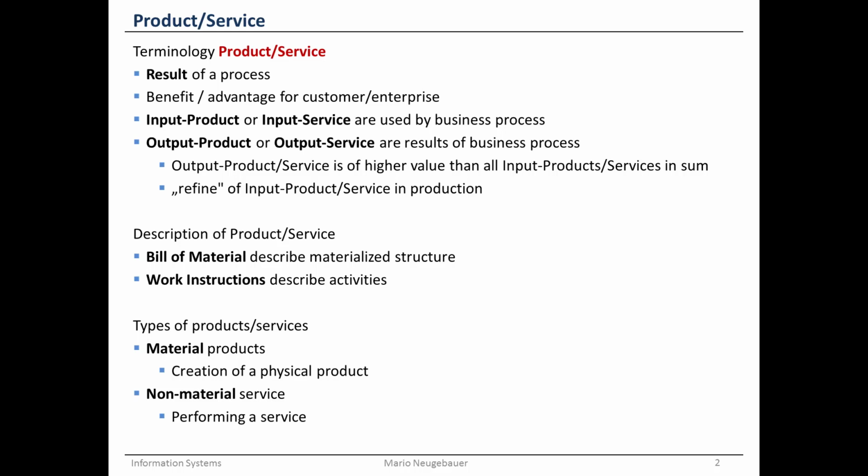But what you do in your postal company is not producing something physical. It is performing this logistics service. So actually your product is a non-material service. And both kinds of products or services you can model in your product service view.